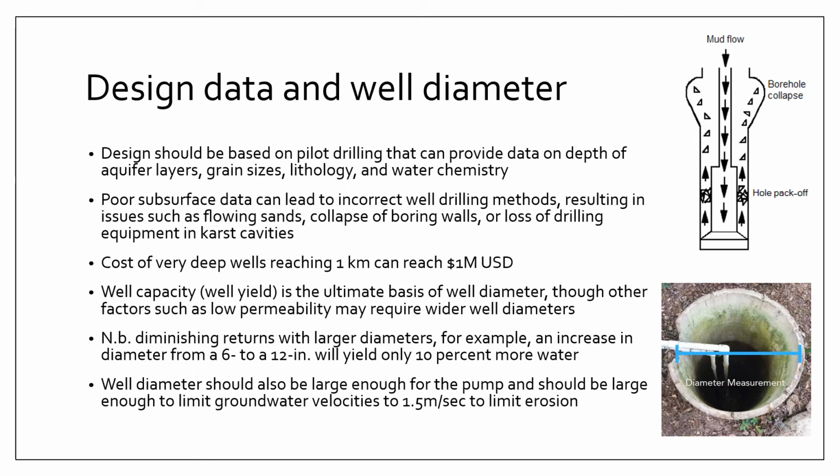right? Although note that making the well diameter larger will have diminishing returns, right? For example, an increase in diameter from 6 inches to 12 inches will only result in a 10% increase in water yield. Okay, so that is a 100% increase in diameter, but the increase in water well yield will only be around 10%.